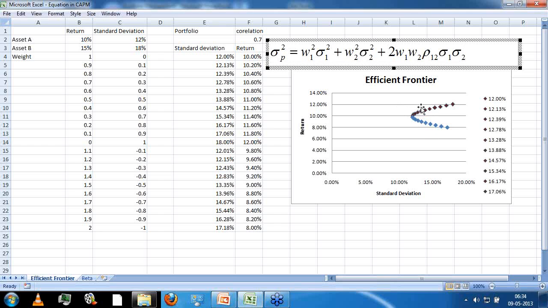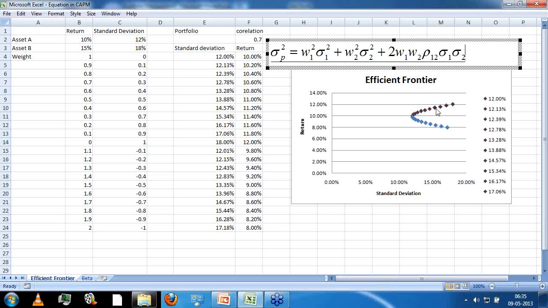These points are nothing but different weights of asset A and asset B. The difference between the purple point and the corresponding blue point is that you have taken different weights of asset A and asset B in purple. For example, in this case, the weight of asset A could be 60%, and in this, the weight could be 30%, right?